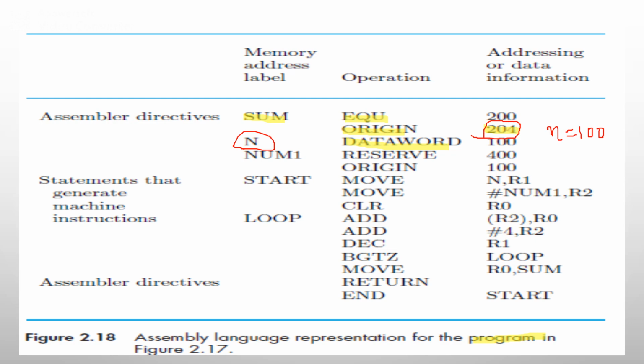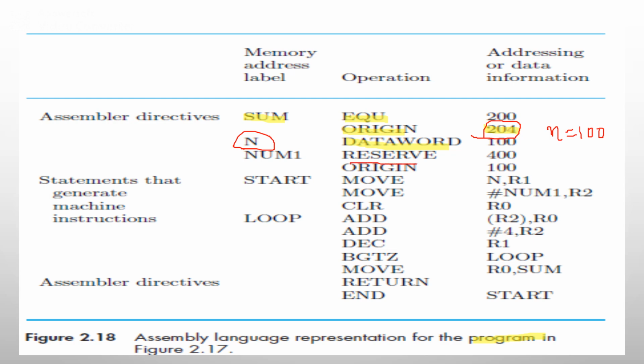Wherever n is encountered within the program, it will replace the capital N value with 204. Since there are 100 numbers to be added and each number requires 4 bytes of space, a total of 400 locations are reserved.